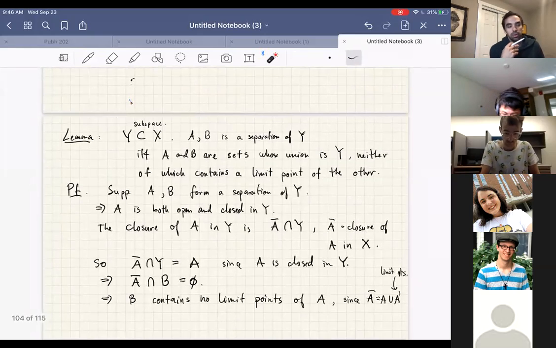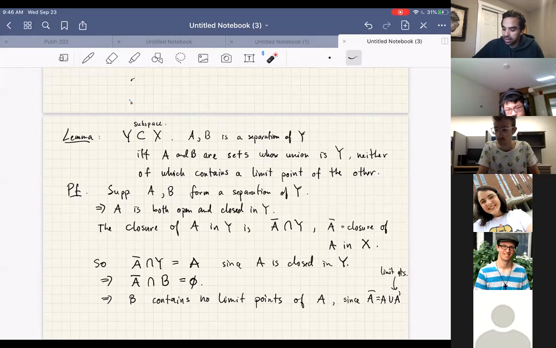So now what do we want to do? I want to give you examples of how to construct connected spaces out of a collection of connected spaces. And in doing that, we will make repeated use of the following lemma.